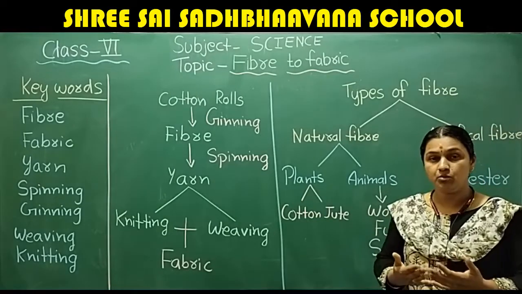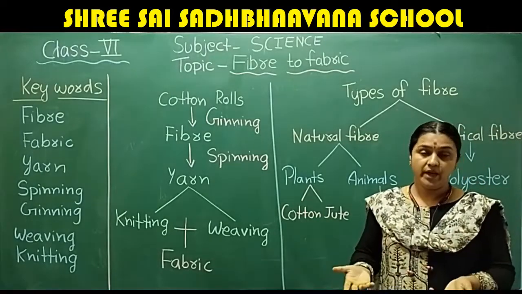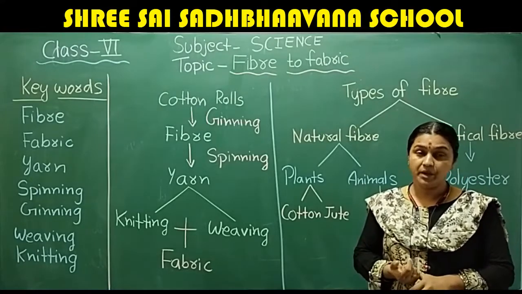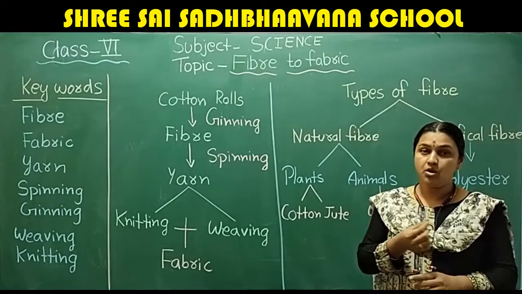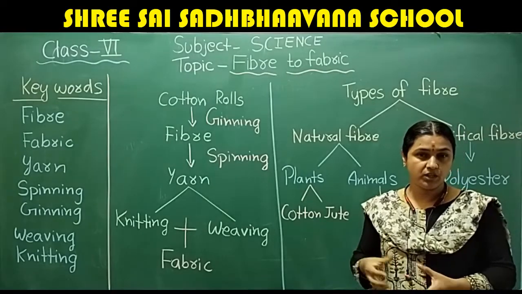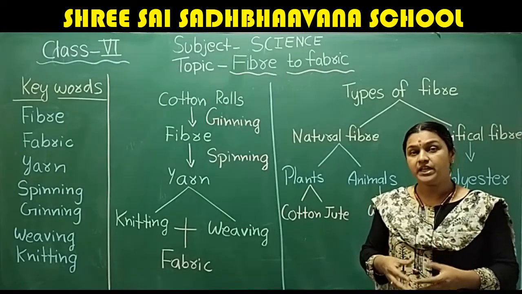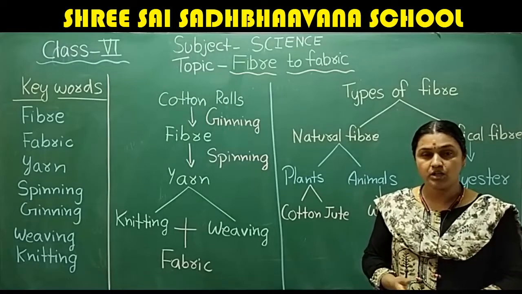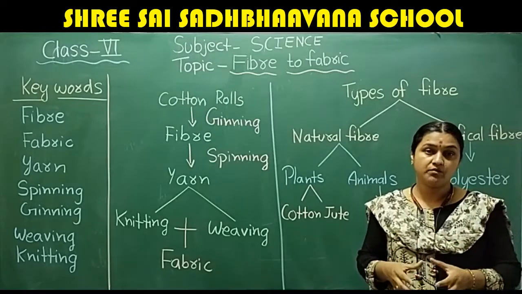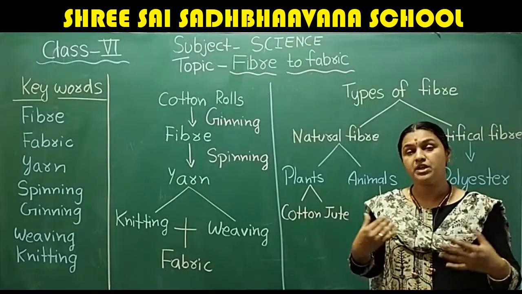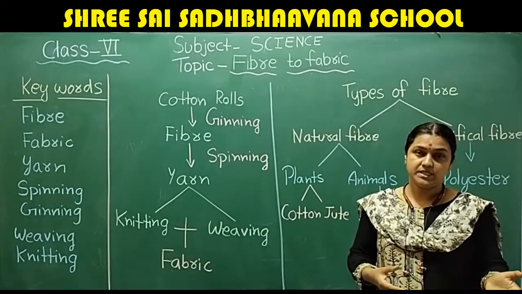Cotton is used by us in many ways. We use cotton to make earbuds, and in your house for puja, for the wicks. In hospitals, they use cotton to rub the skin when you are being injected. They make pillows out of cotton. So cotton is used for many purposes.